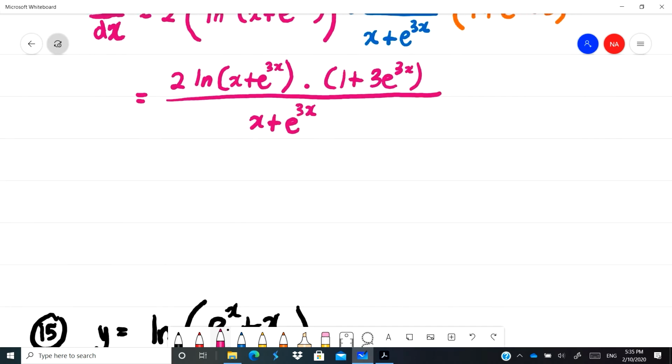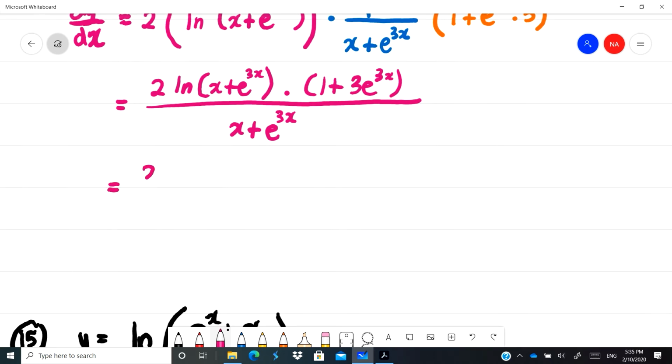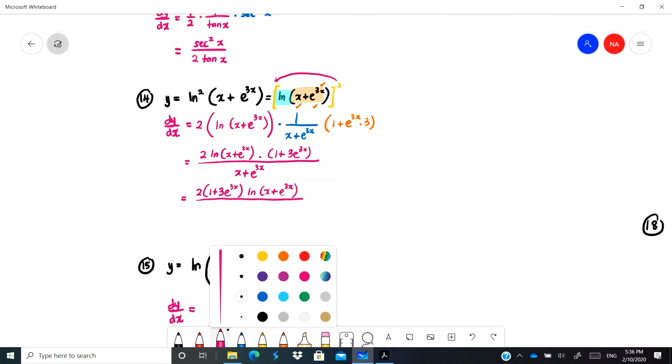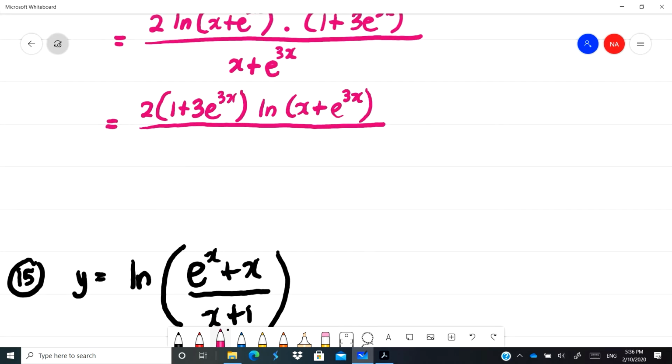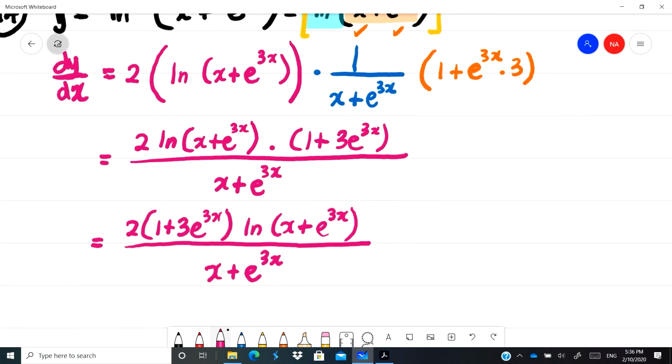Usually we'll put this one in front, so I'm going to write this as 2 multiplied by 1 plus 3e to the power of 3x, and then we have ln of x plus e to the power of 3x, the whole thing over x plus e to the power of 3x. I guess we can't simplify anything here, so just leave your answer like this.